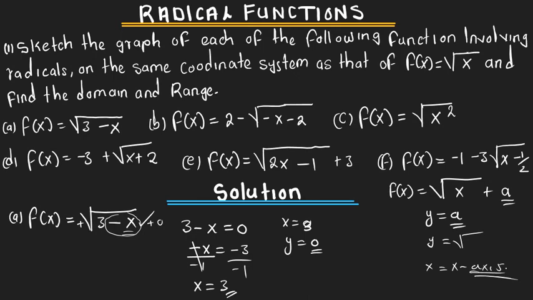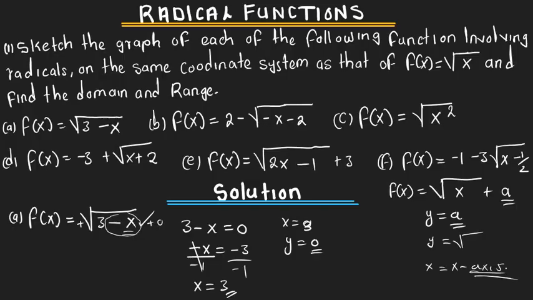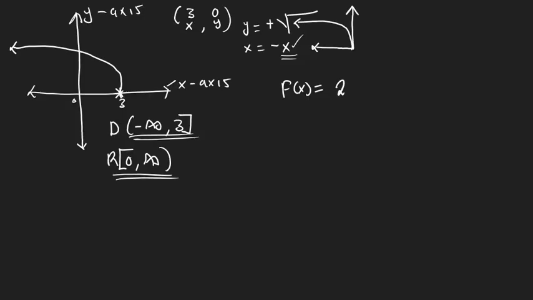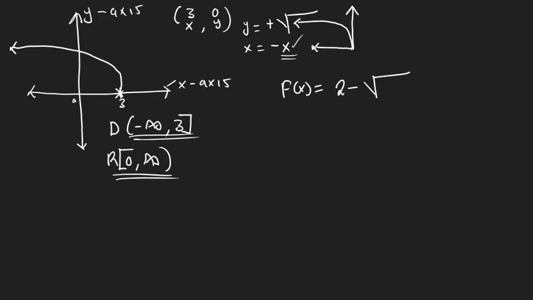On the second one, I'll be quick. So the second one, they're saying f of x is equal to the radical of 2 minus x, which is negative x minus 2.